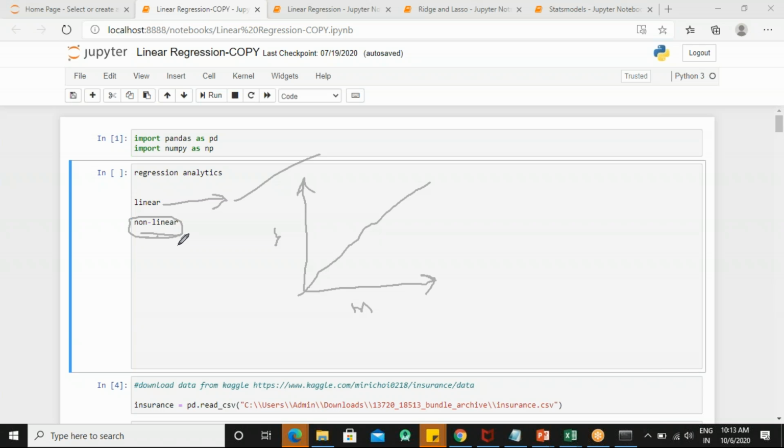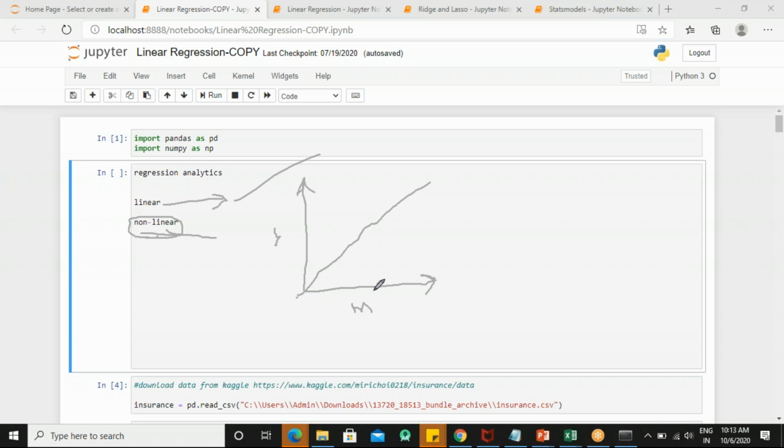Polynomial. So polynomial regression, guys, is one of the major models of non-linear regression. Sigmoid is a formula, definitely, which is used. Sigmoid, Nishtha, is not exactly a model, but it is used.